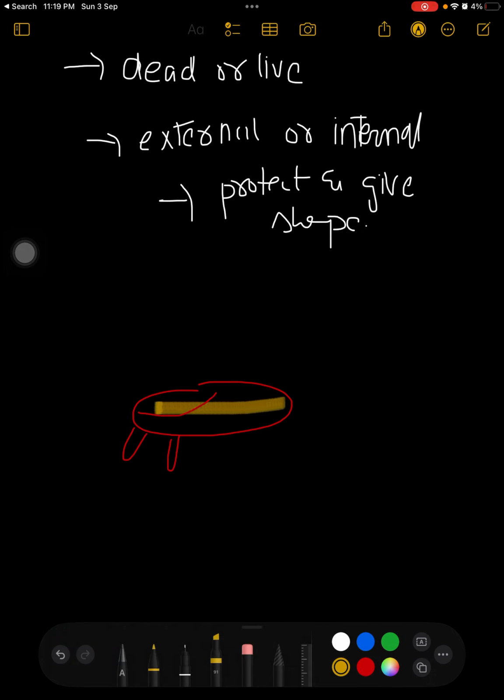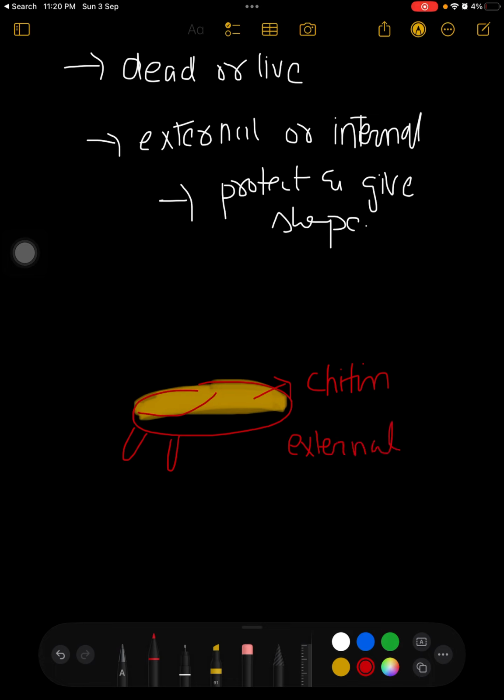It contains a layer above it. This layer is made up of chitin, and it is external, but it is dead, right?